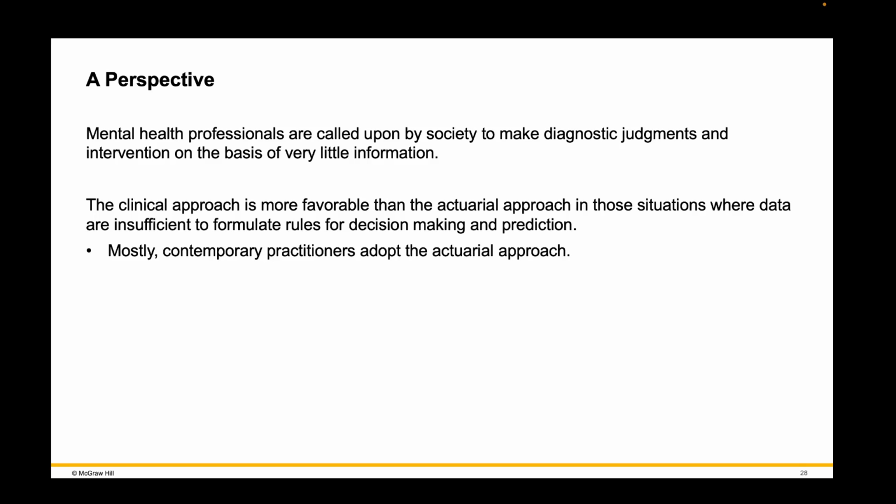So, mostly, contemporary practitioners do adopt the actuarial approach, which is actually very sad kasi nga, the problem with that one, since they want to save time, nako-compromise somehow, again, I'm clinically biased, so somehow nako-compromise yung quality of the information or the decision making and prediction na naibibigay when you use the actuarial approach.